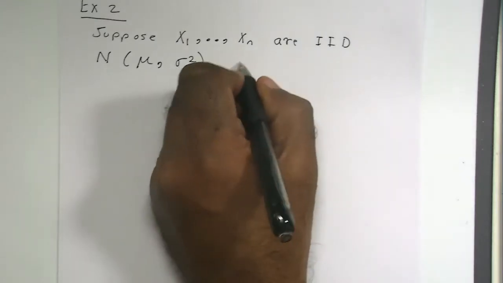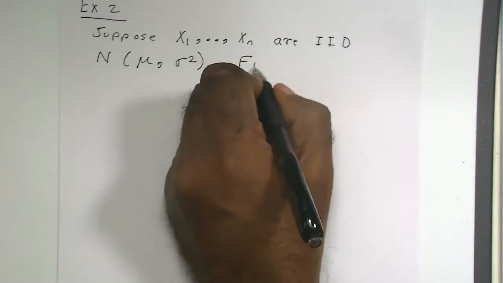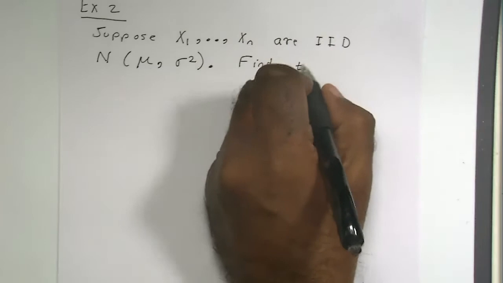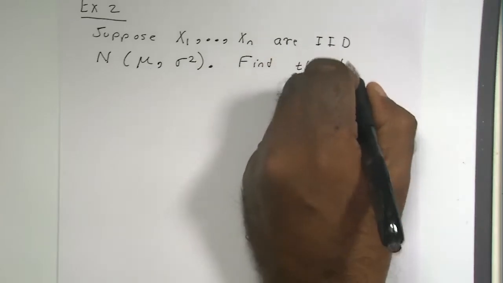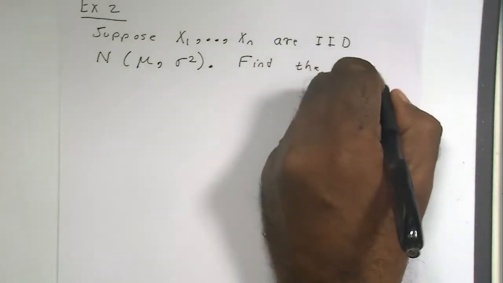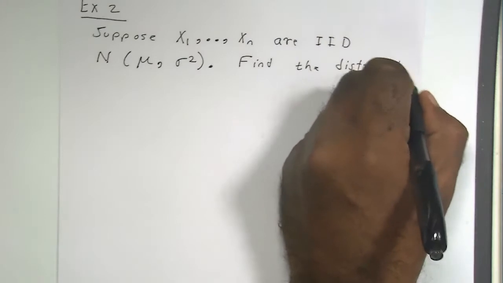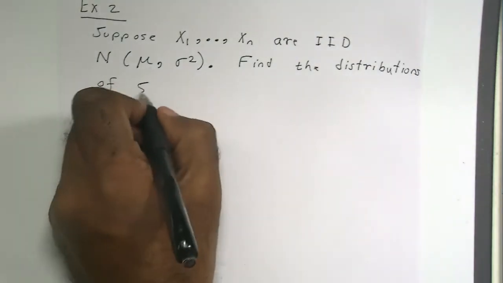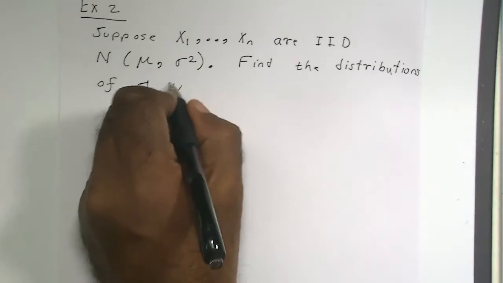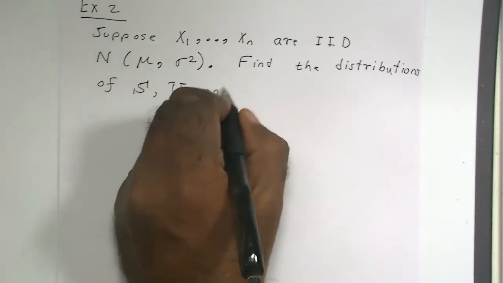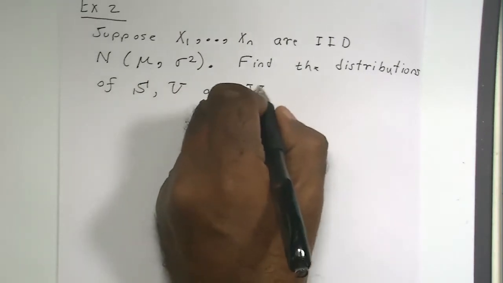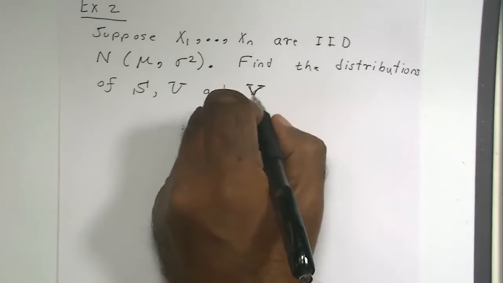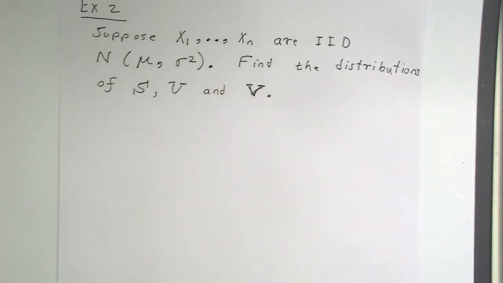The question is to find the distributions of S, U, and V. I mean, you may get questions like this in the exam.